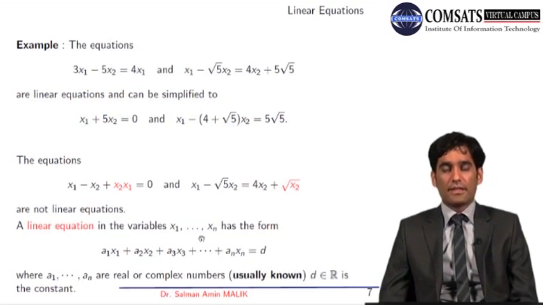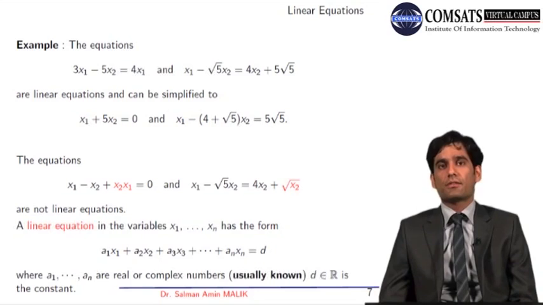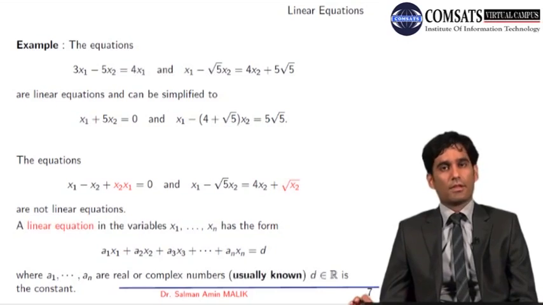So this is an equation with n variables, x1, x2, x3, and so on up to xn, and n could be any natural number: 1, 2, 10, 100, 50, 70, or whatever.